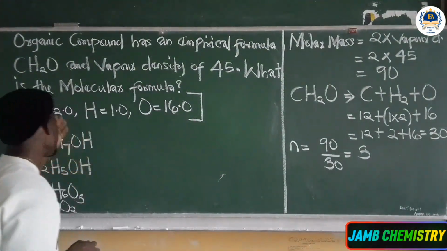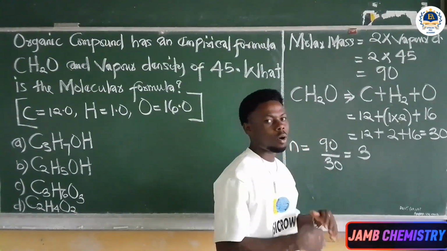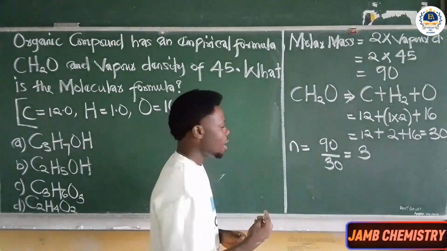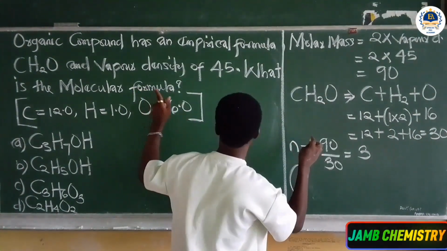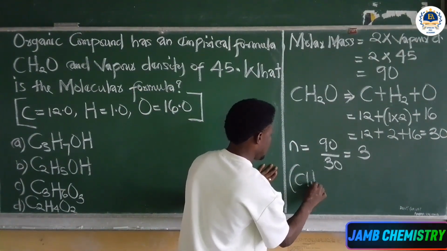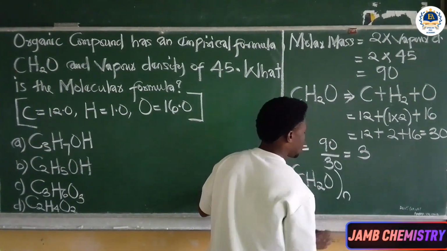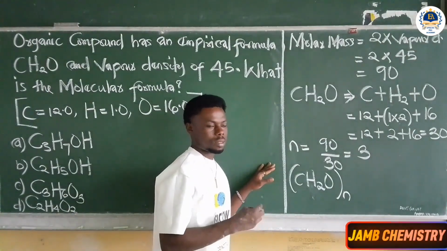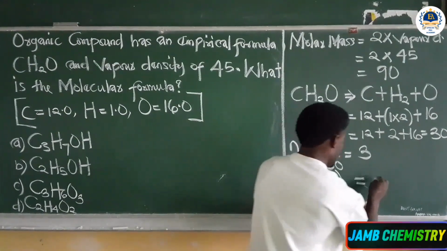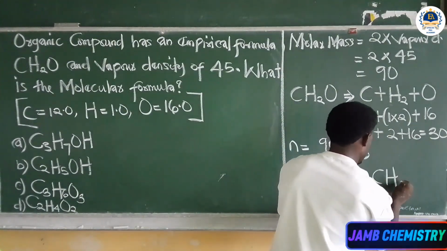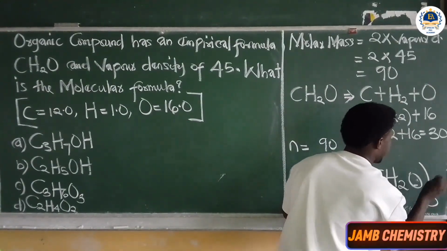So how do we get the correct formula? Since this is the empirical formula given on the board, we are going to use this 3 to multiply the compound, and that is in parentheses, CH2O, was the compound given. CH2O subscript n. So this is basically the same as CH2O times 3.